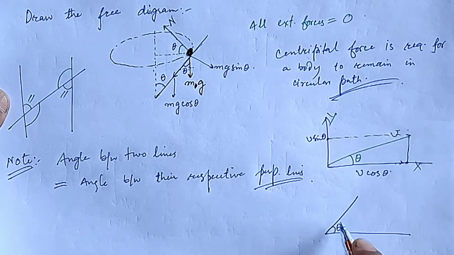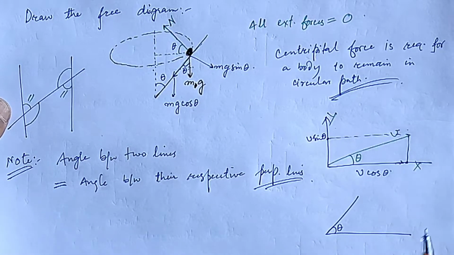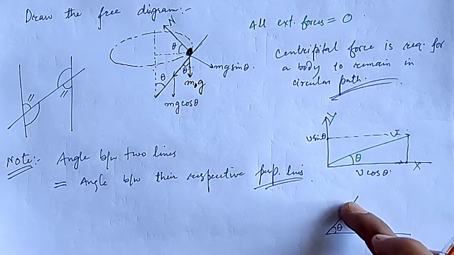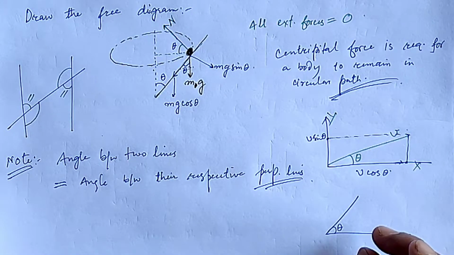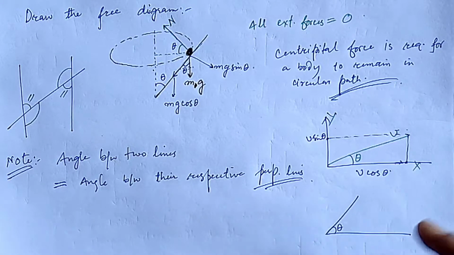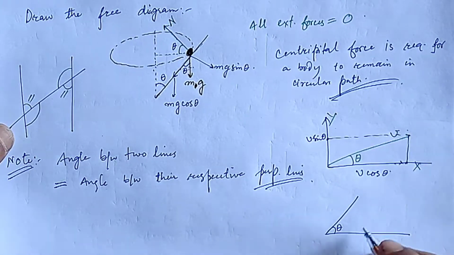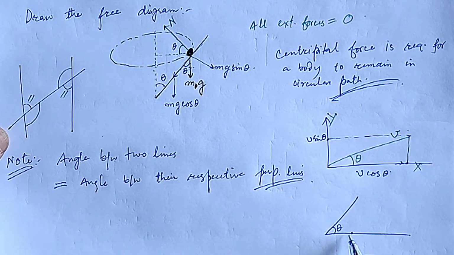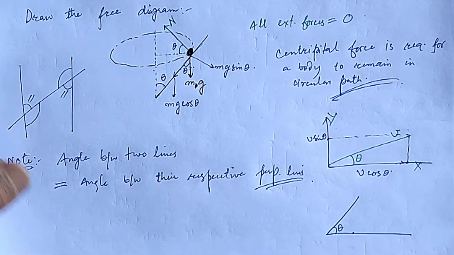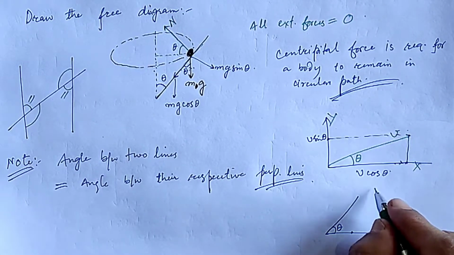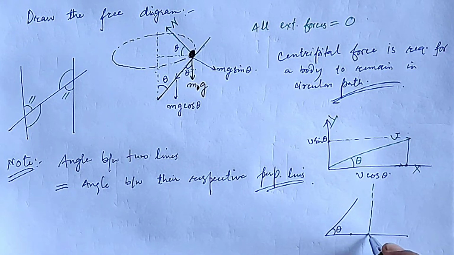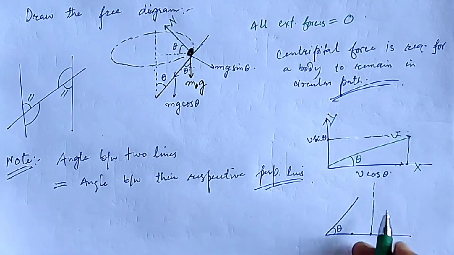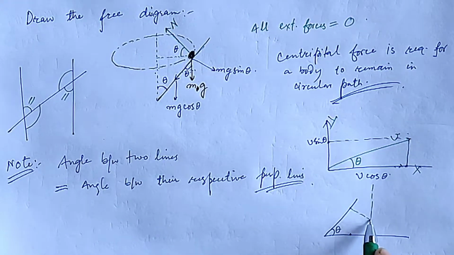So that means if we have two lines here, one is like this and another is like this, and if this is the angle theta between these two lines, then the perpendiculars to these two lines will also meet at some angle, and that angle will be similar to that of theta. That means if we draw a line perpendicular to this very line, say like this, and a perpendicular to this will be perpendicular to this.